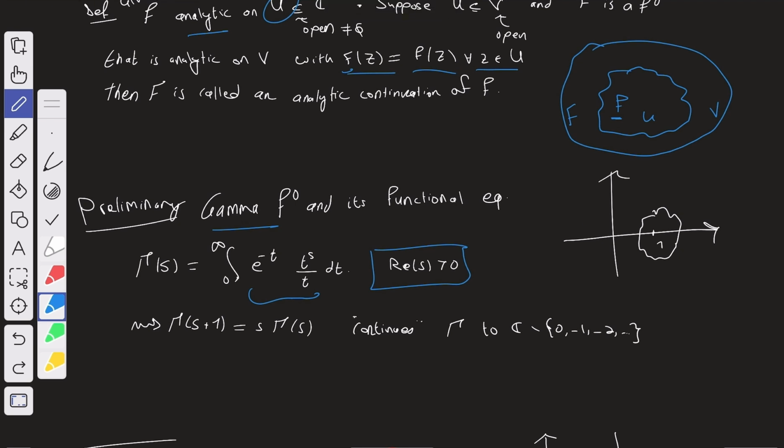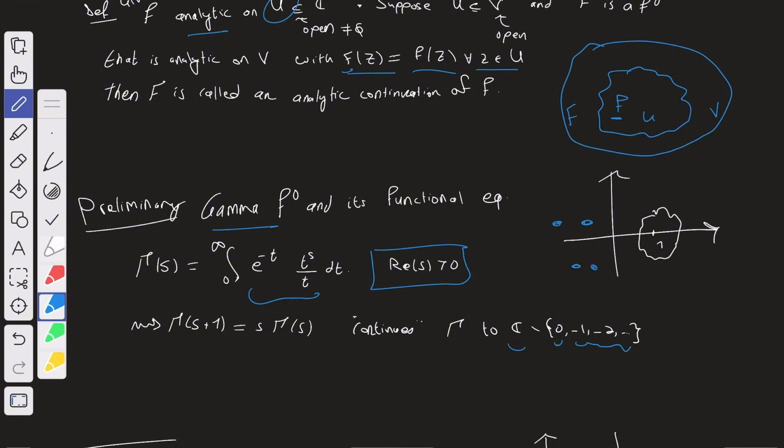We wish to define the gamma function elsewhere, for complex numbers with negative real parts. To do that we will need to analytically continue the function gamma to the whole complex plane, but it turns out we can't do that. We can meromorphically continue it to C except for poles at 0 and the negative integers. So let us see how we can do that.